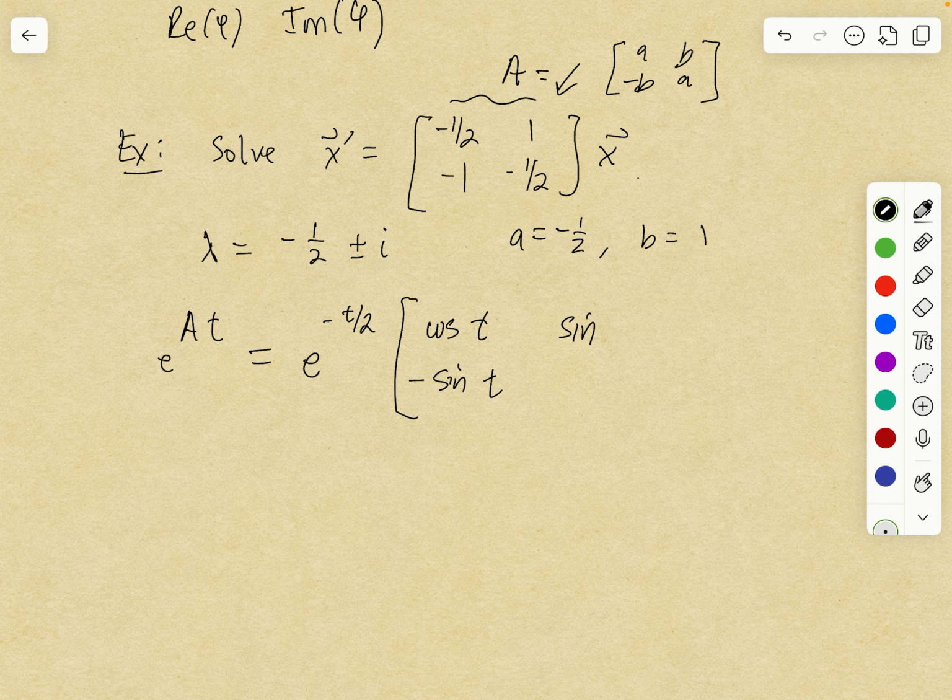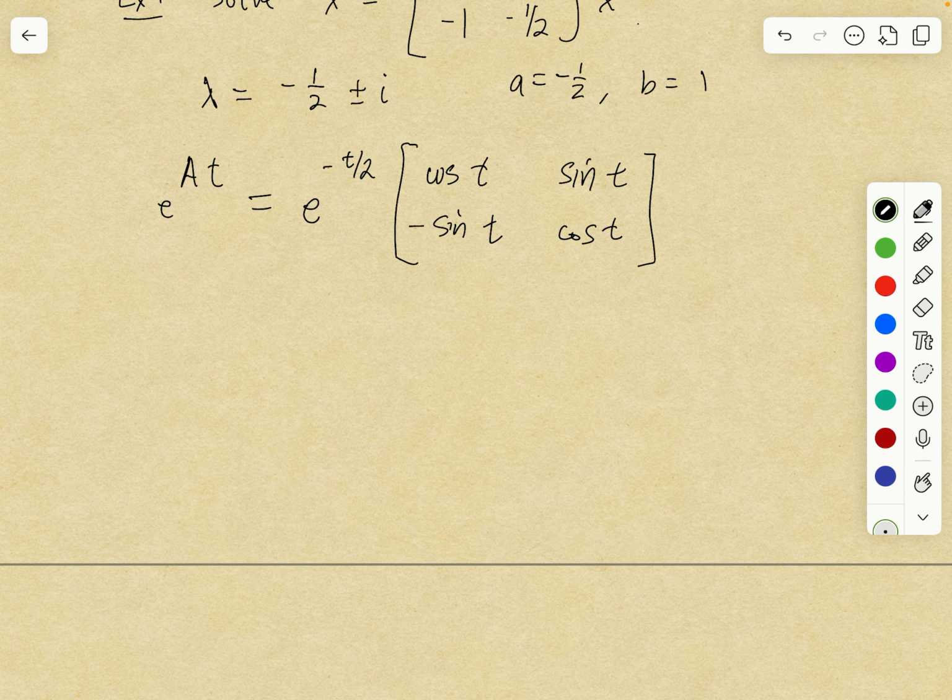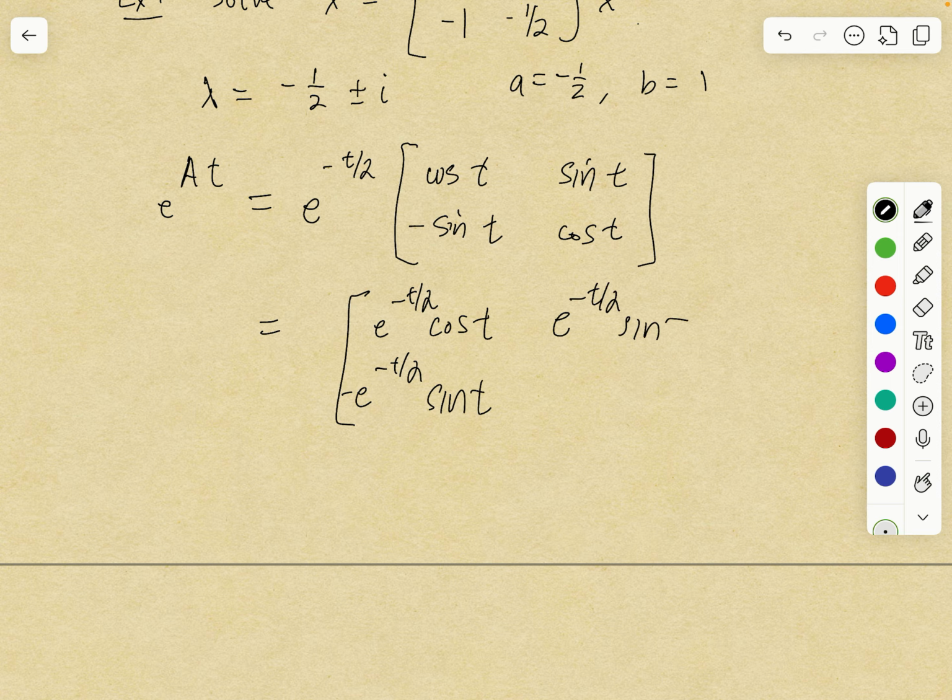Second column is sine t, cosine t. So that's going to be e to the negative t over 2 cosine t, e to the negative t over 2 times negative sine t, e to the negative t over 2 sine t, e to the negative t over 2 cosine t.